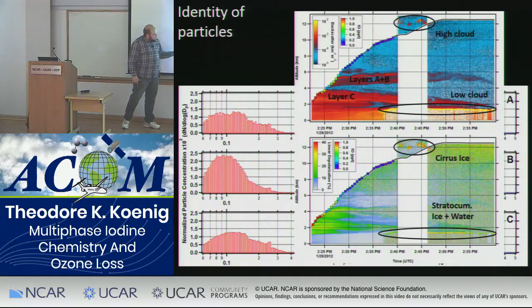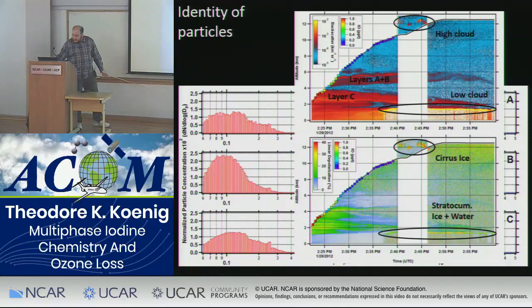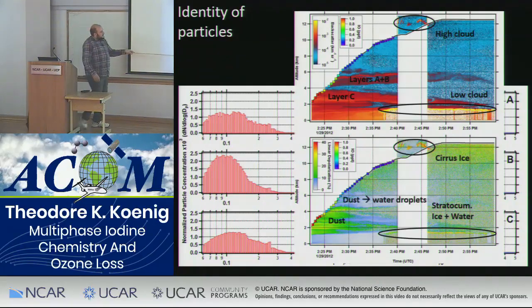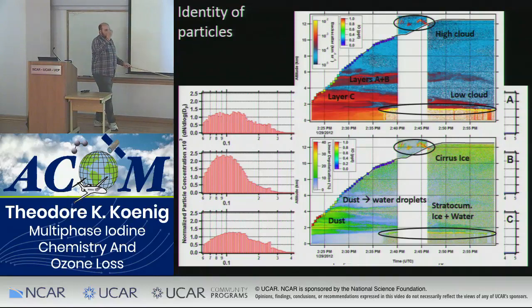And then you can see these layers, especially this lowest one, appears to be non-spherical particles. And then this one up here might be non-spherical, but then it fades into more spherical particles. So we hypothesize that this is dust. And then as we get farther from the coast, we're slowly deliquescing that dust until it becomes essentially spherical. So we're just seeing water accumulate on that dust, and then we get more like water droplets.